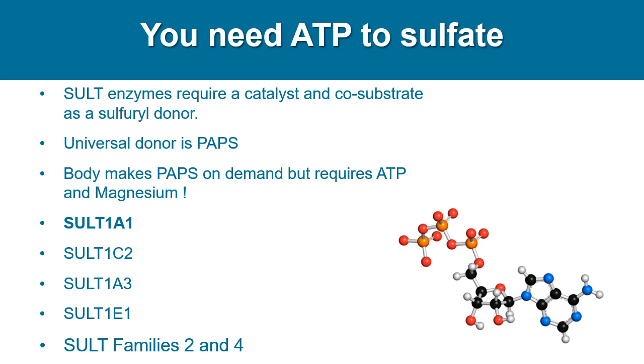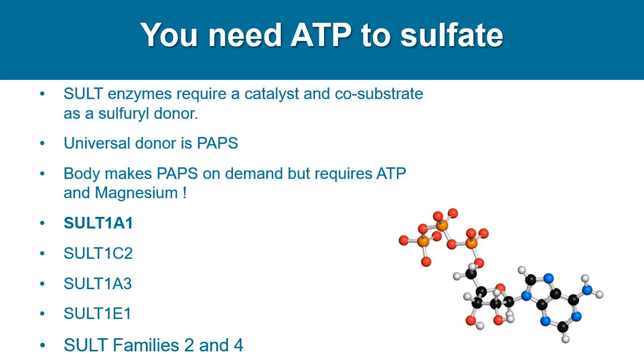And sulfation has an entire family called sulfotransferases that are available as enzyme catalysts, and they use activated sulfate, also PAPS, as a high energy donor, and it's basically the universal donor for all sulfation pathways. So the body needs to rapidly make PAPS when sulfate conjugation is required.